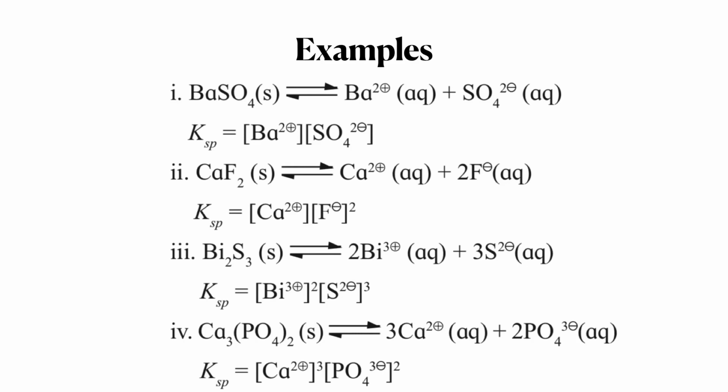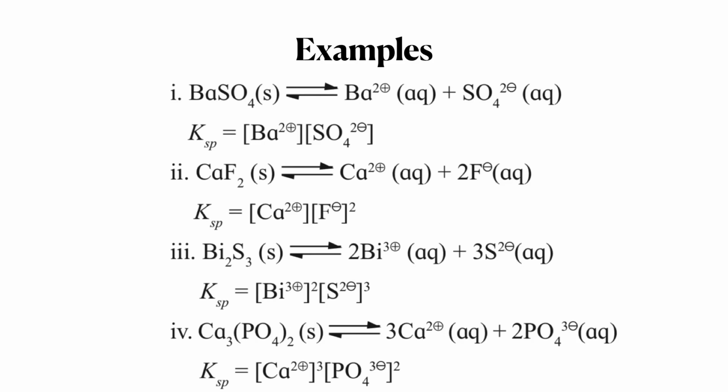Hopefully you understood. Now next example, bismuth sulfide. Here it will dissociate into 2 molecules of Bi3 plus and 3 molecules of S2 minus. So if I apply solubility product, it will be Ksp is equal to concentration of Bi3 plus raised to 2 into concentration of S2 minus raised to 3.